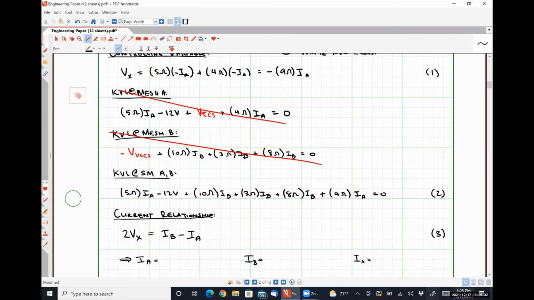So I have, for my controlling variable equation, -9 IA plus 0 IB, hold on, now I'm confusing myself here.